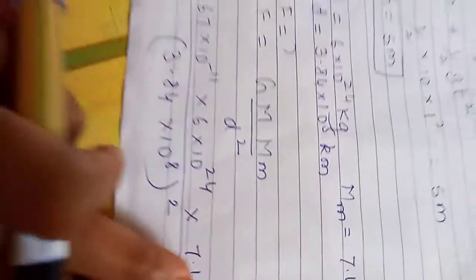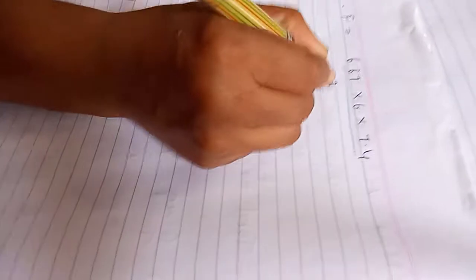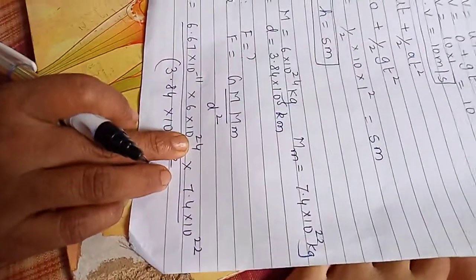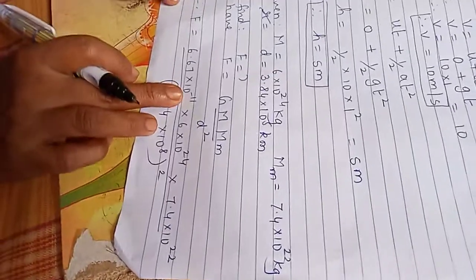What are the values? 6.67 into 6 into 7.4, divided by 3.84 into 3.84. Powers on one side: 22 plus 24. How much is it? 46. Is it okay? 46 minus 11.